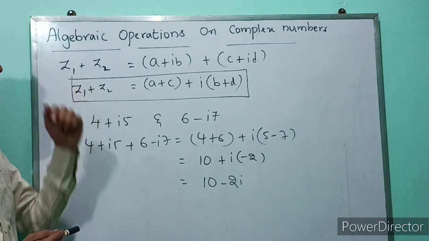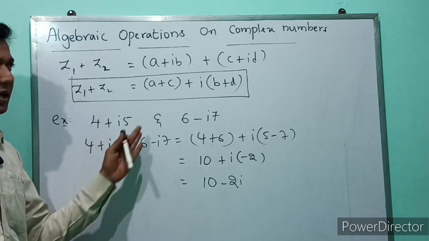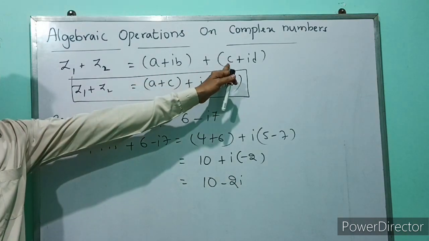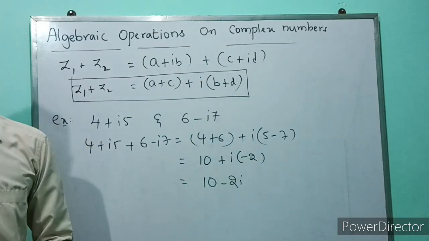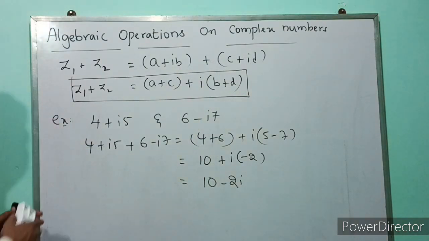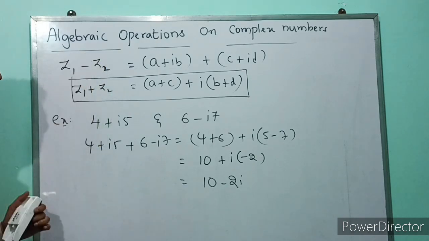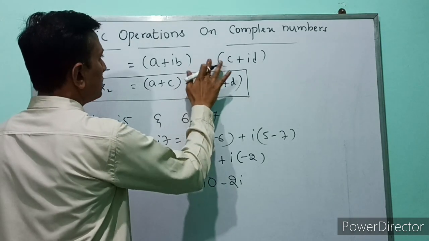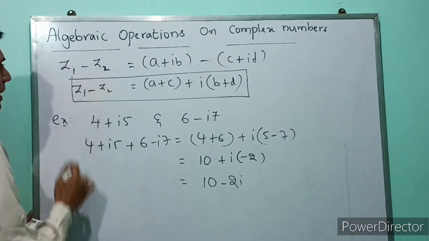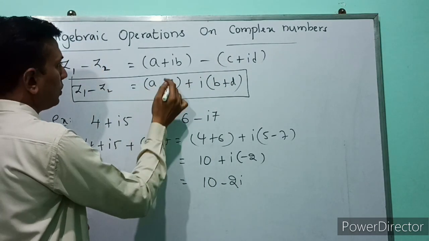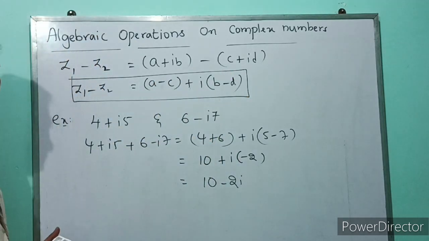Similarly, when you subtract two complex numbers, it is the same thing: the real parts will be subtracted and the imaginary parts will be subtracted. Suppose you take Z1 minus Z2, what you have to do is (A minus C) plus i(B minus D).